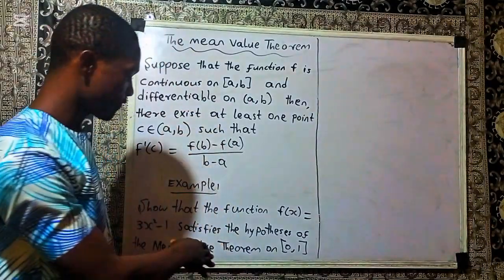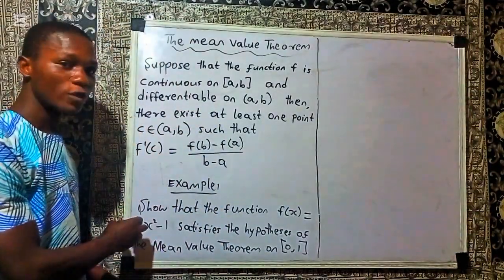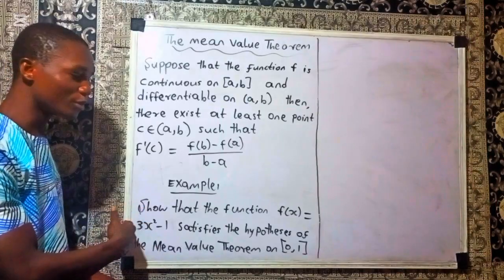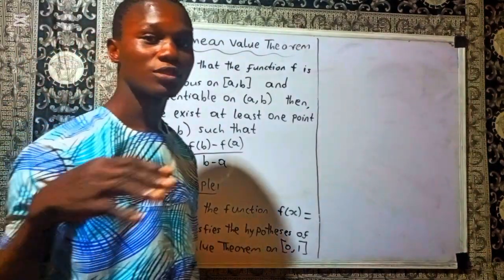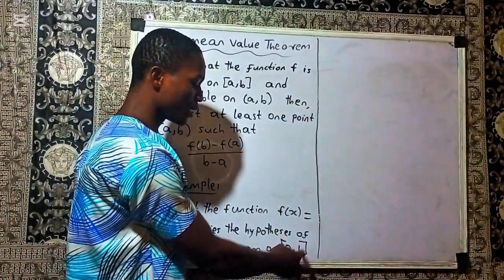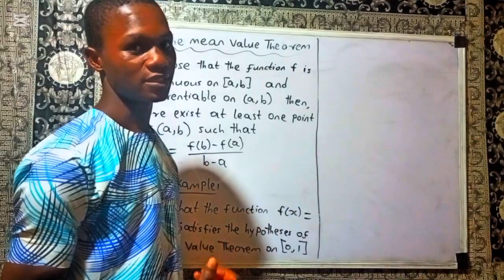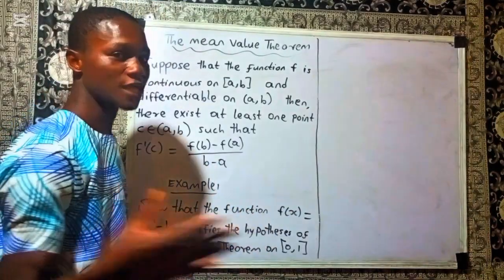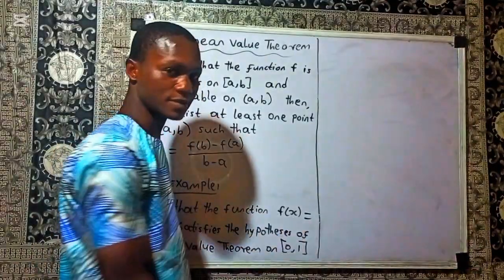Now the function we have here is what? A polynomial function. Whenever a polynomial function is given to you, a polynomial function is always continuous everywhere on the real line, and this closed and bounded interval is just a subset of the real numbers. So since polynomials are continuous everywhere on the real line, it must be continuous on this subset.